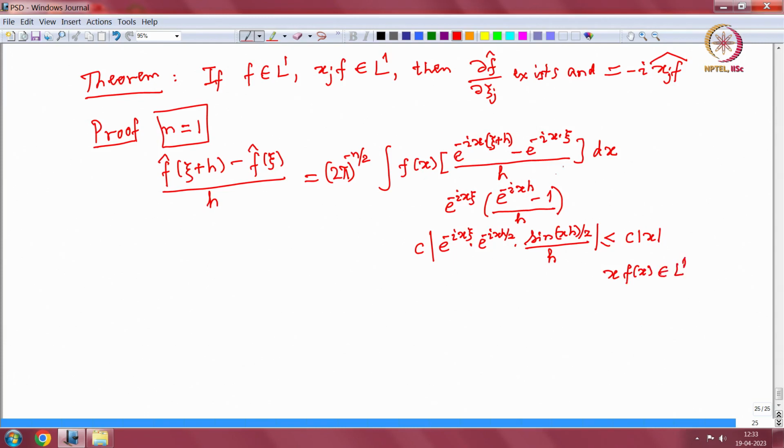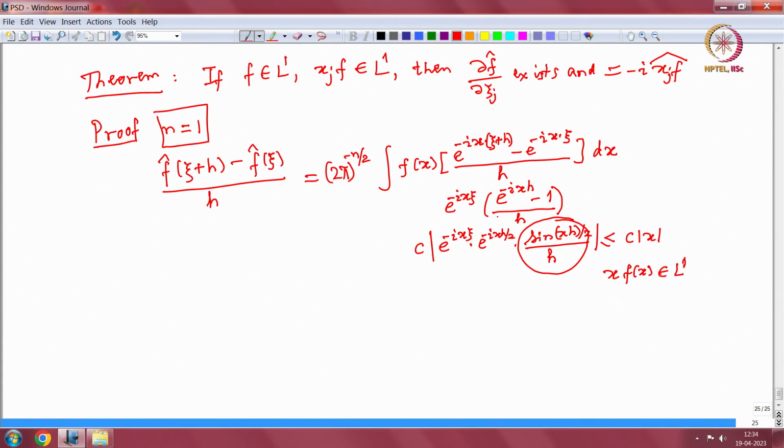So, the integrand is bounded by mod x into f x in absolute value, and that is an L1 function. And what happens when h tends to 0? That will produce just an x. So, I am using the dominated convergence theorem.